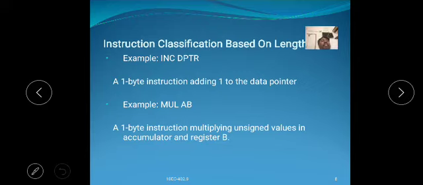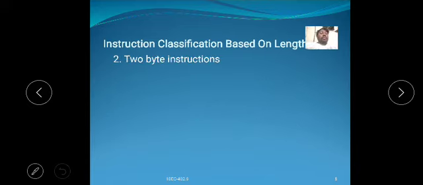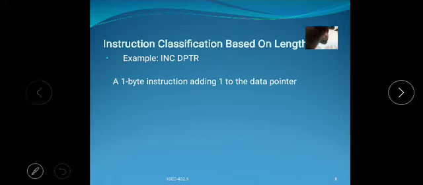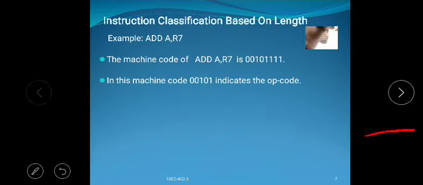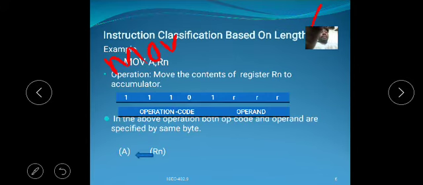A 1 byte instruction multiplying unsigned values in accumulator and register B. This is also a 1 byte instruction. In the 1 byte instructions, we explained 3 important examples. Based on these examples, the student can understand very easily.